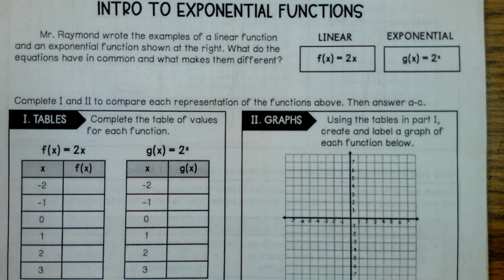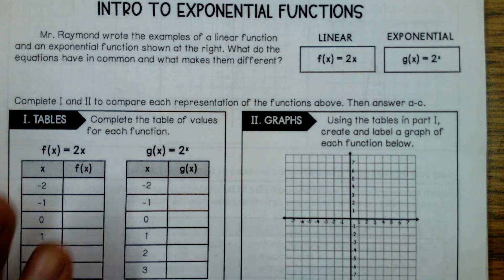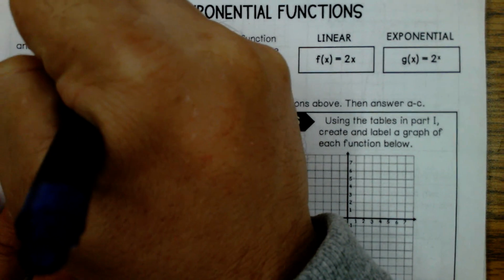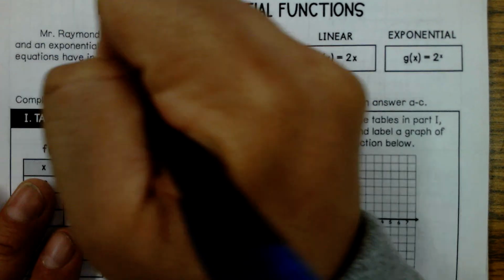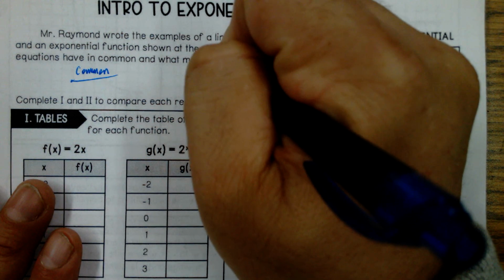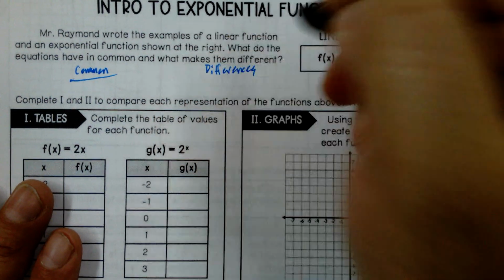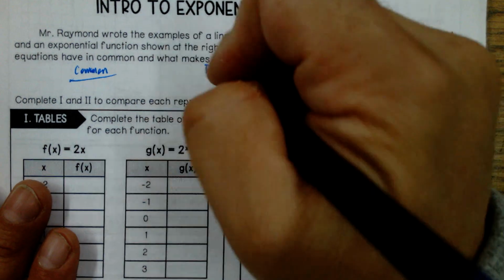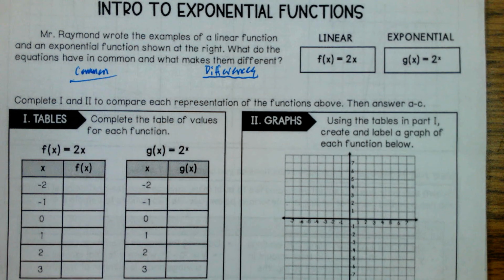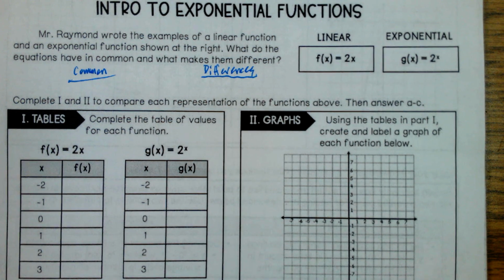So we're looking for commonalities and differences. Okay, so just look it over. Doesn't have to be for long. Just the obvious stuff. Let's see, what do they have in common?